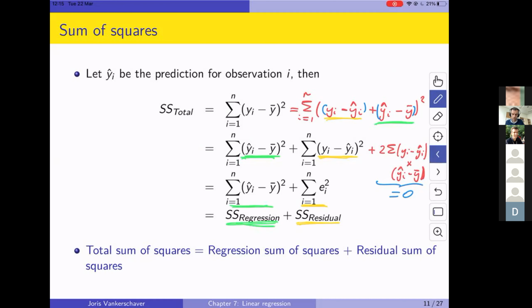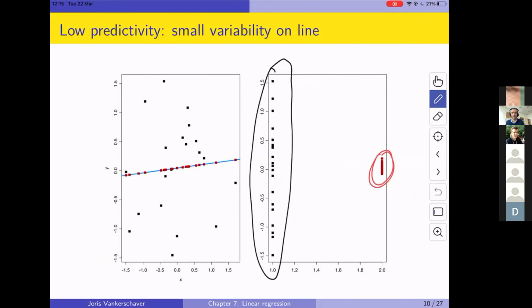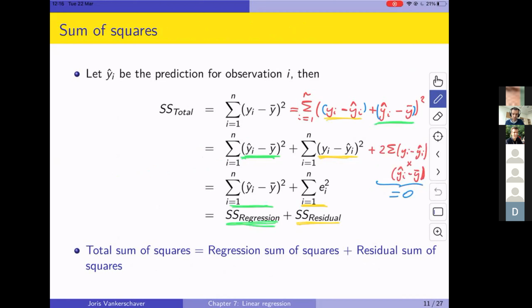So remember, when we looked at these weird scatter plots side by side, we were interested in the spread of the red distribution versus the black distribution. And the red distribution is, well, how clustered together are my predictions? Well, the regression sum of squares is going to tell you precisely that.